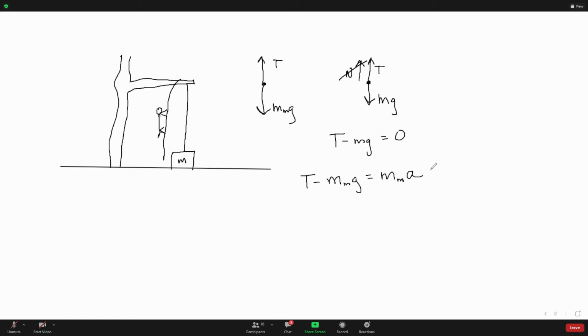So I'm answering the question, with what acceleration must the monkey be accelerating up the rope in order to support the mass on the other end of the rope? Well, this is trivial to solve. T equals Mg. So Mg minus the mass of the monkey times g, divided by the mass of the monkey, equals the acceleration of the monkey.